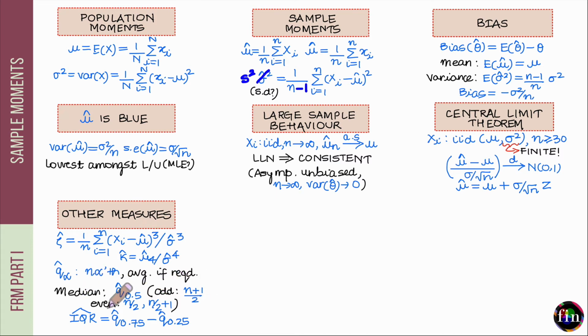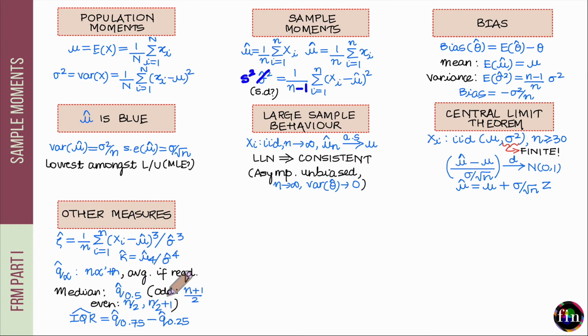If your sample size is even, then you can estimate your median to be the average of the values which are sitting at the n over 2th position and n over 2 plus 1th position counted from the left. If you want to estimate your interquartile range, very simple, just estimate it to be the difference between the 0.75 quantile estimated from your sample and the 0.25 quantile again estimated from the same sample.